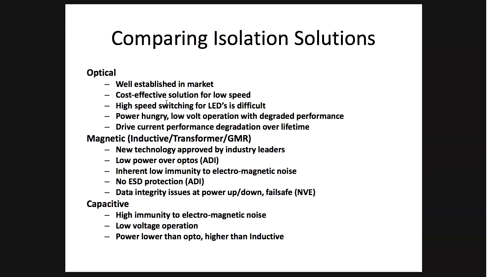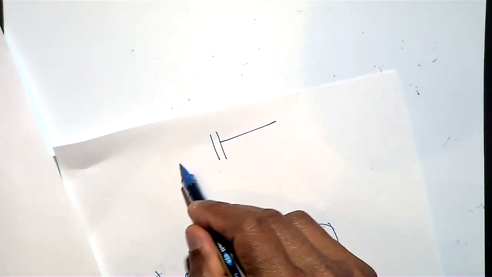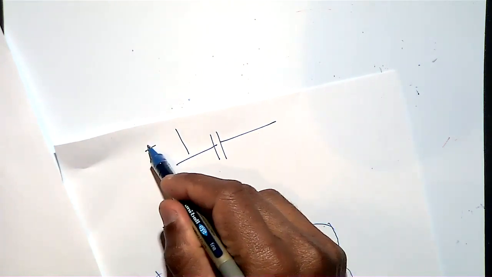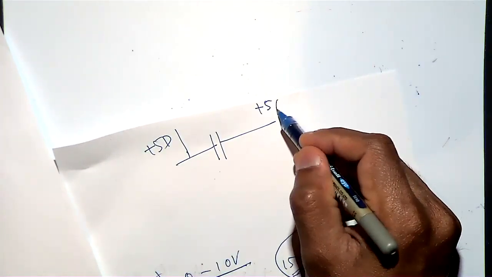This question is important, because if you are using a capacitor for isolation, you want to isolate the DC. Maybe this is a good question to explain galvanic isolation. So his question was, can we use a simple capacitor for isolation? Because here you have plus 5 digital, here you have plus 5 analog.